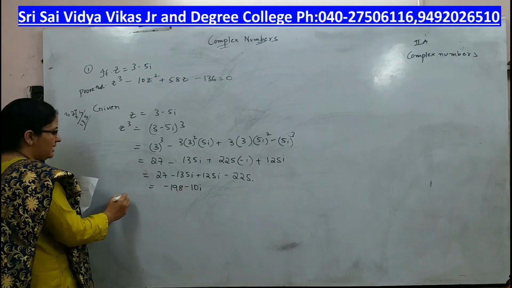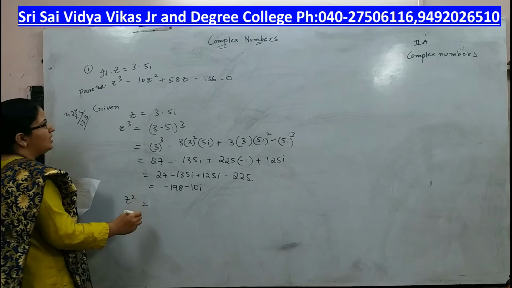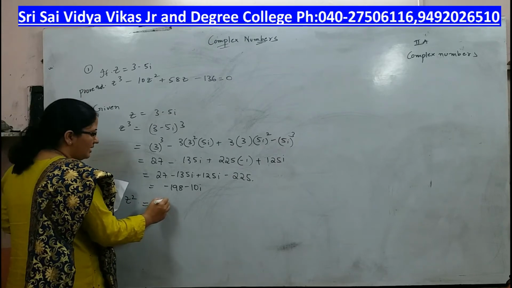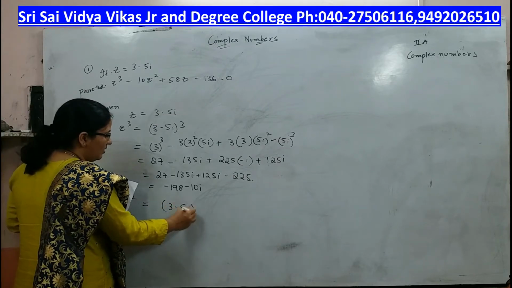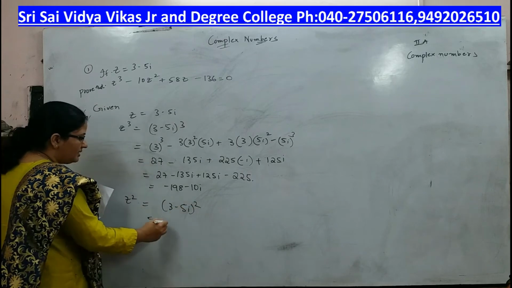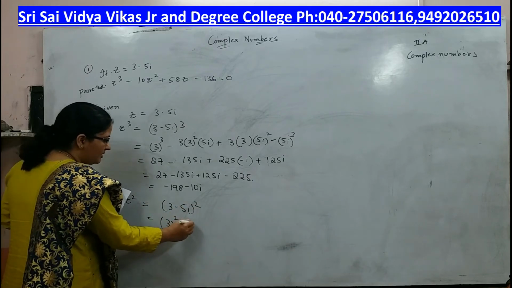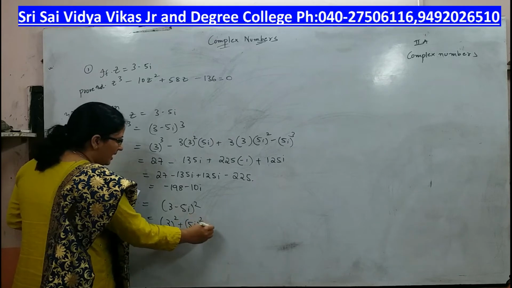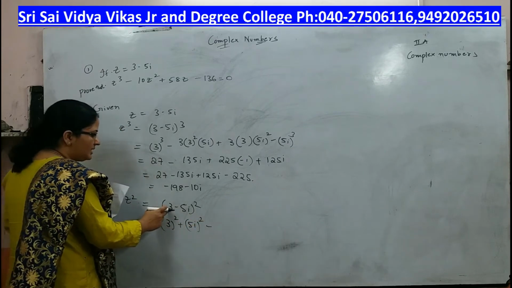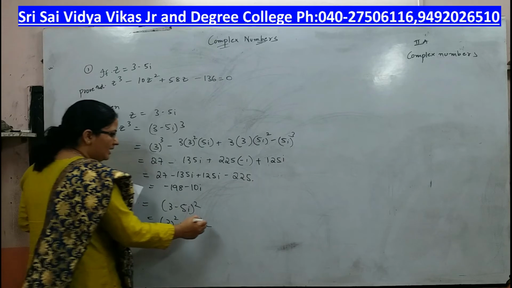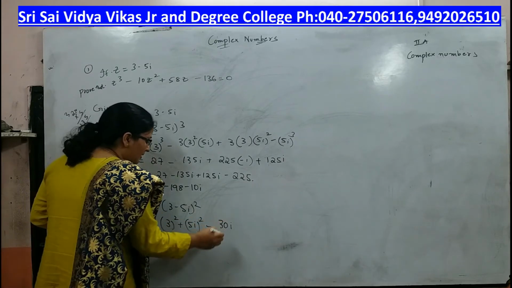Now z square. What is z square equal to? 3 minus 5i whole square, that is 3 square plus 5i square minus 2 3s are 6, 6 5s are 30, 30i.